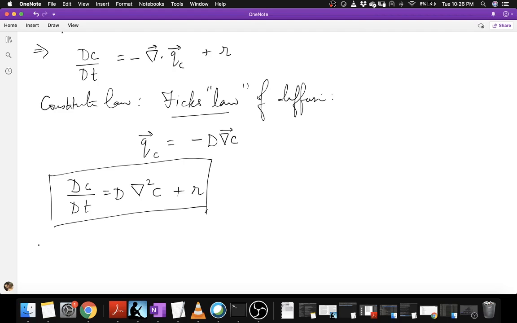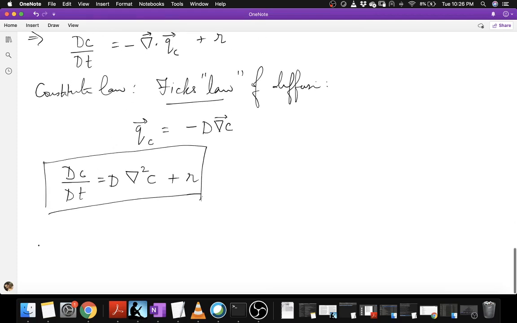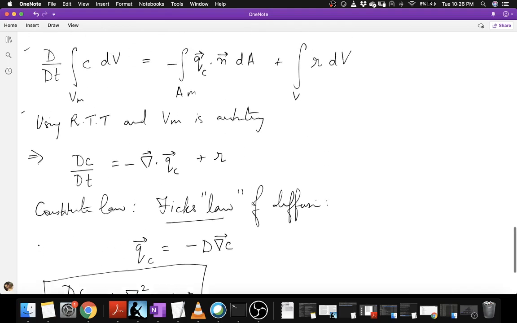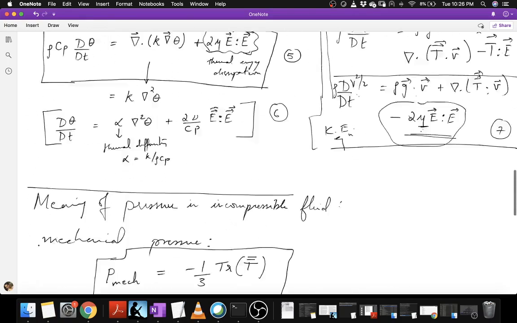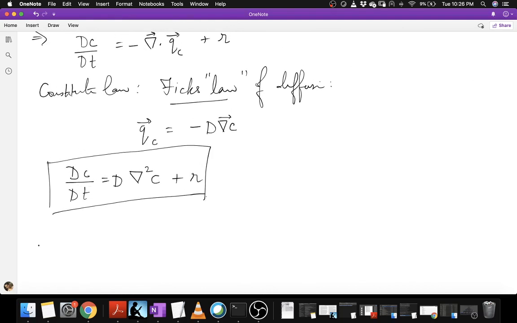Alright, so that derivation is quite simple, especially in comparison to what we had derived previously. But now is an appropriate time to compare our equations. So let's look at this equation alongside now the temperature equation that we have on top. So let me write that down as well.